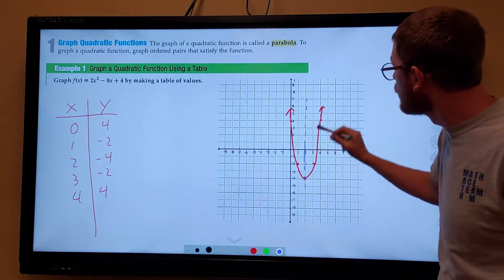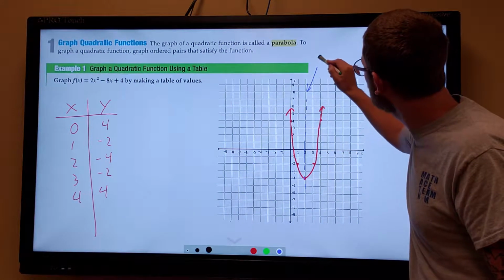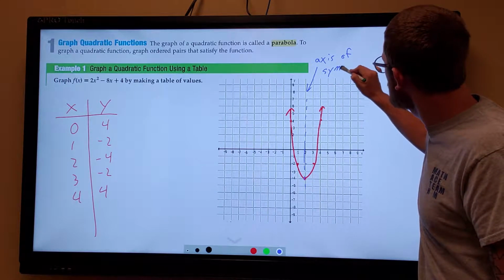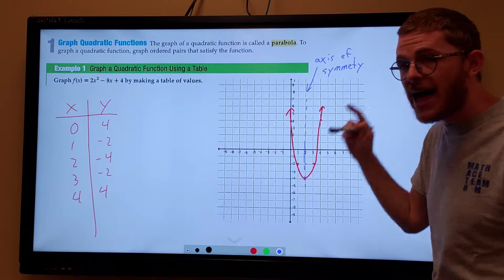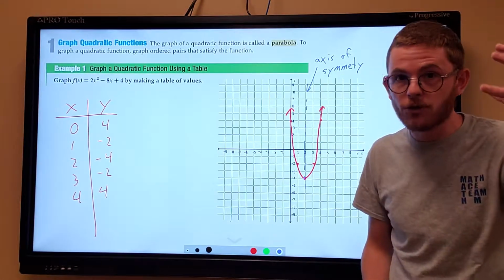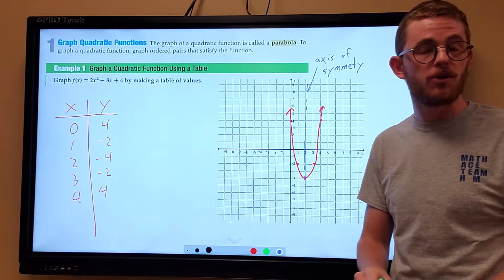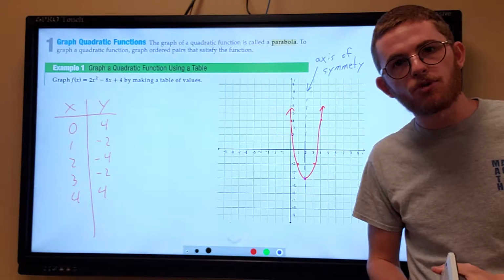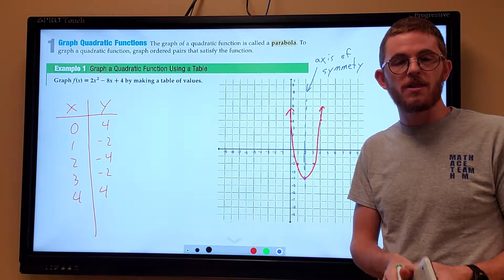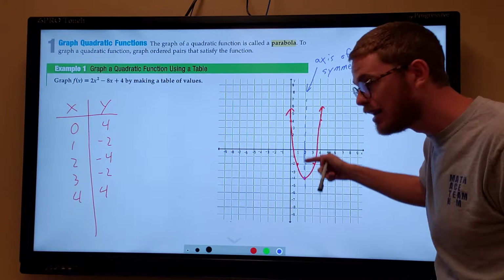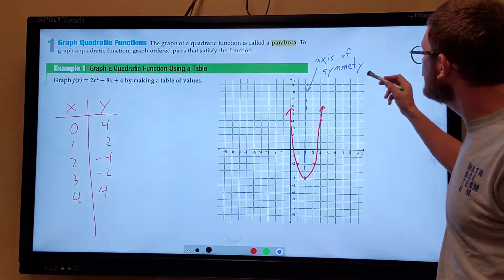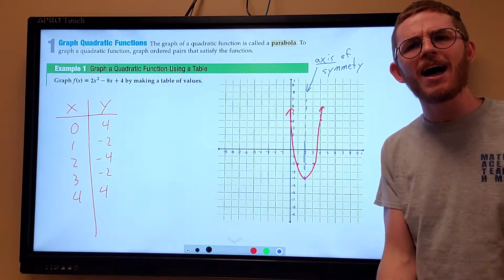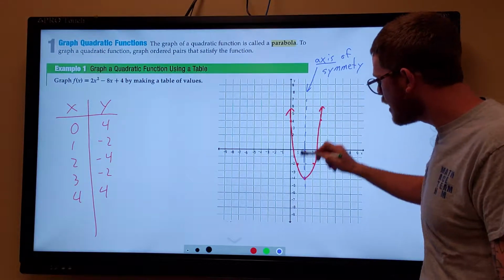This line right here is the axis of symmetry. The axis of symmetry in here is one of my biggest headaches that I noticed. Look, I'm telling you things, mistakes that I'm going to get. The axis of symmetry is not a number. The axis of symmetry, this is a line. This is a line. Axis, it is a line. And to express that line, we need to give an equation.